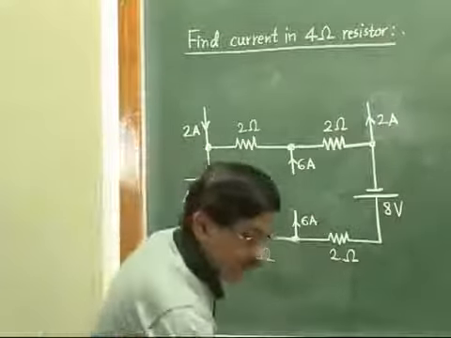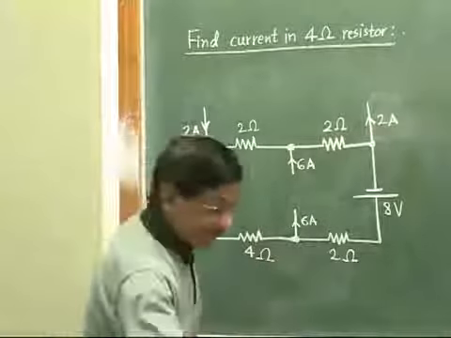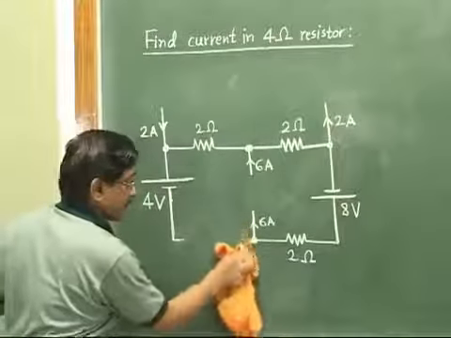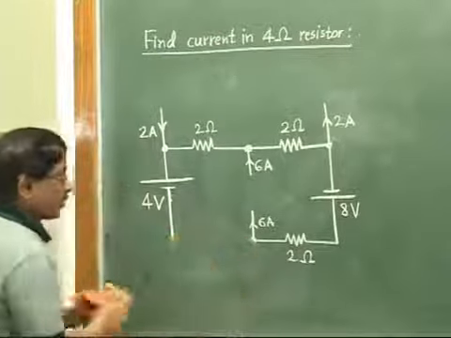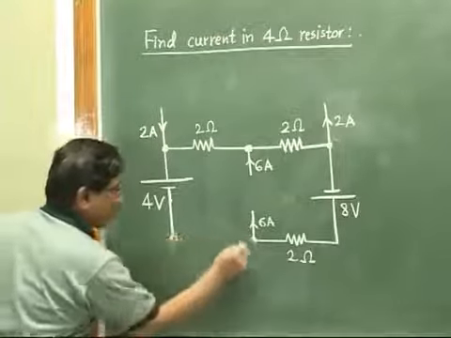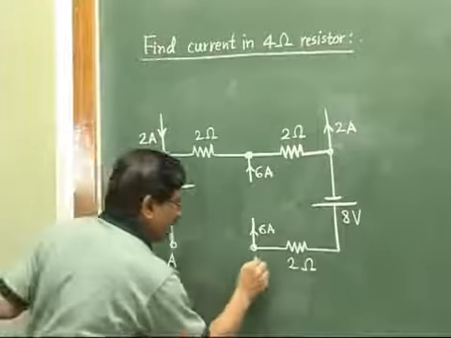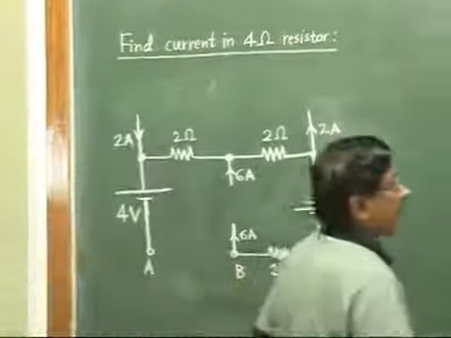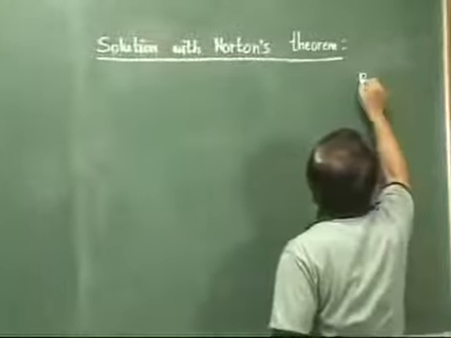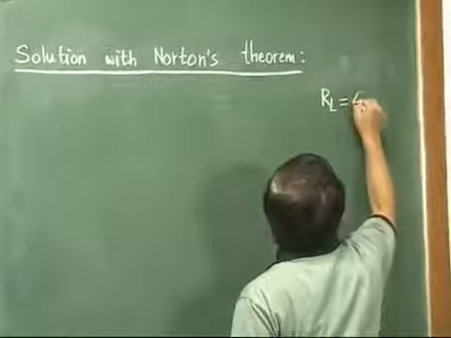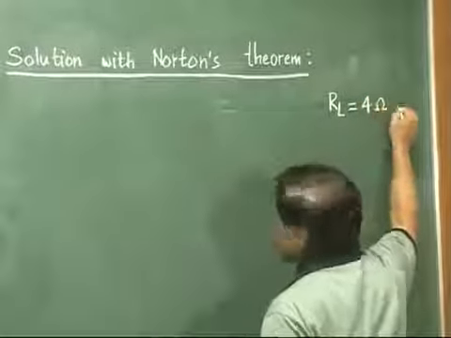So first step in Norton's theorem, just remove it. So we have now removed the 4 ohm resistor. We have marked the terminals, say with letters A and B, and here we write the load resistor is 4 ohm. So first step is over in Norton's theorem.